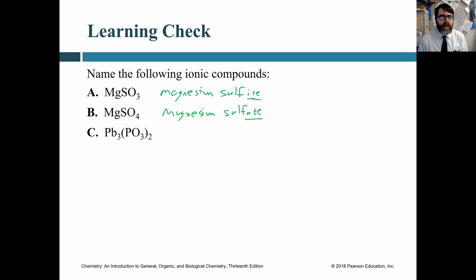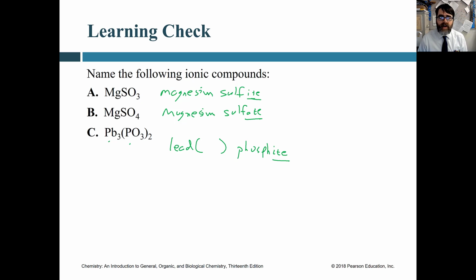This one here is about as hard as they get because we have a transition metal that's going to need a Roman numeral and a polyatomic ion, and it's actually one of the less common ones, so you'll be less familiar with them as time goes on. But lead, Roman numeral, phos, and then this is ite with an ITE suffix there. The ite is an O3.